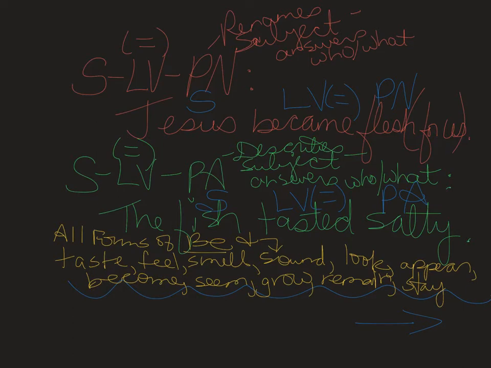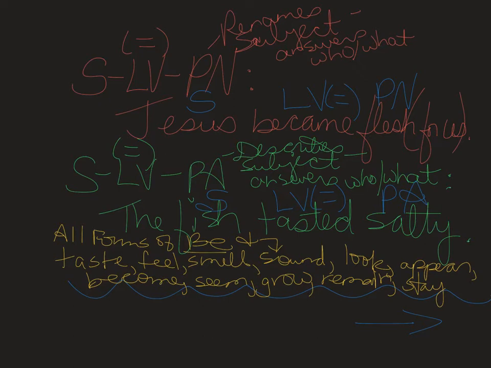SLVPN and SLVPA. First thing I want to remind you is that with linking verbs, if a verb is truly a linking verb, you can put an equal sign in the place of that verb, or the word equals in place of that verb, and reread the sentence, and it will make relative sense, okay?